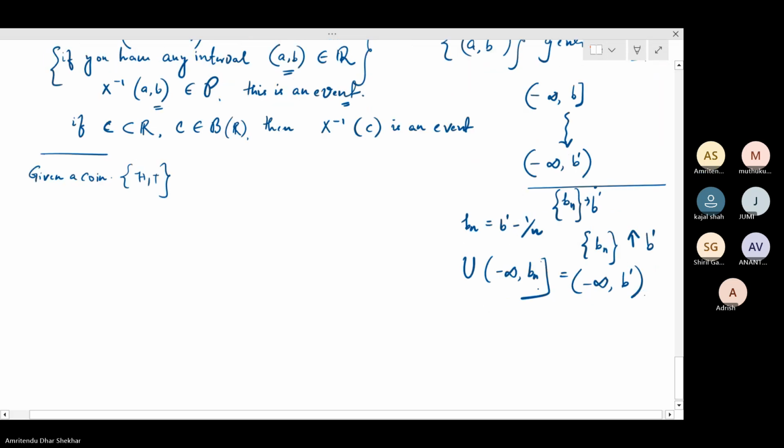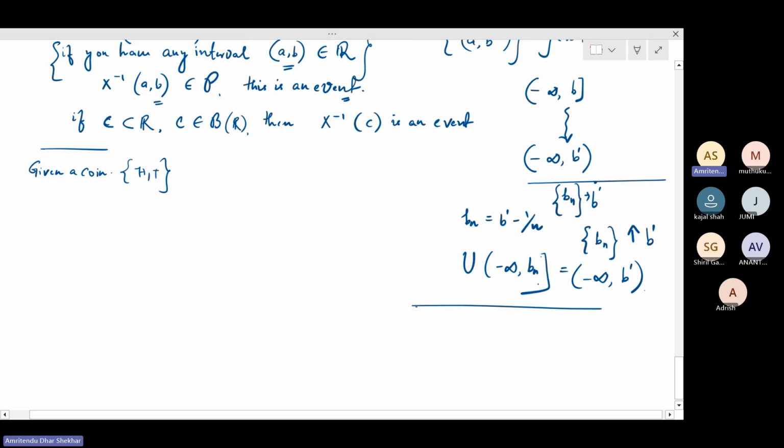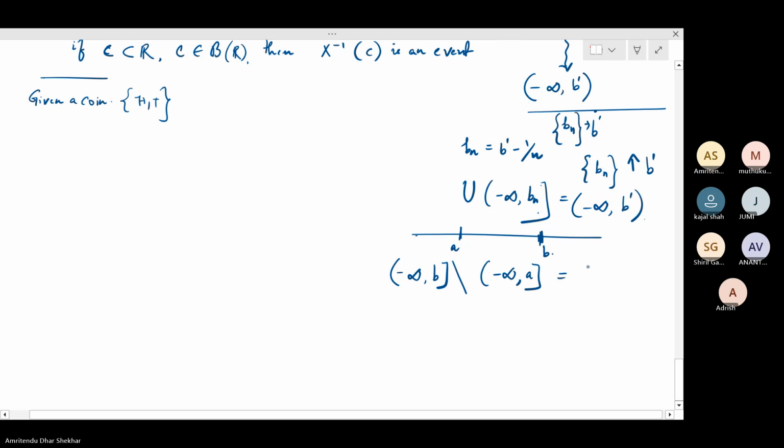Okay. Now let's say you have a set like this, minus infinity. Let's say this is A, and let's say this is B. Now if you do minus infinity comma B, minus infinity comma A, that is equal to A comma B, right?